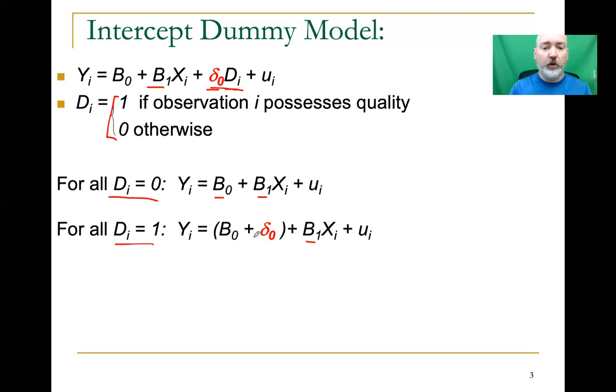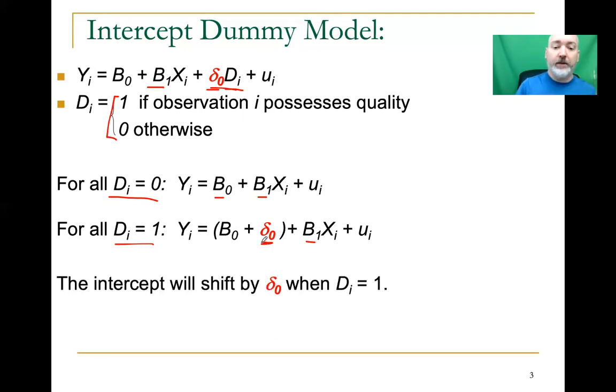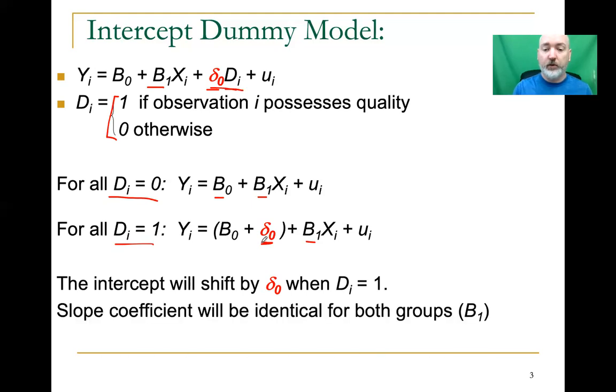It's that B1 term, but the intercept is altered by that delta 0 coefficient. So we get the intercept shift effect by the magnitude of that delta 0 term, which, as we saw, can be estimated via OLS. We would get a delta 0 hat, and that would represent our model's predicted change in the mean between the two groups.